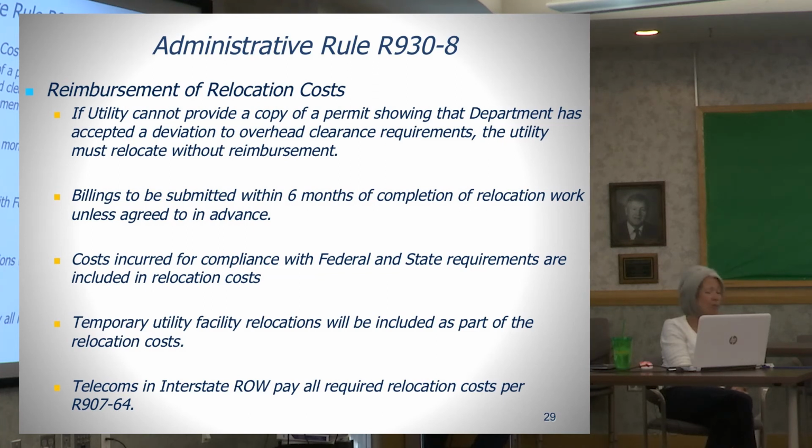That's new in this rule. And again, telecom companies in interstate right-of-way are required to pay all of their relocation costs when they're ordered by the department in accordance with R907-64.